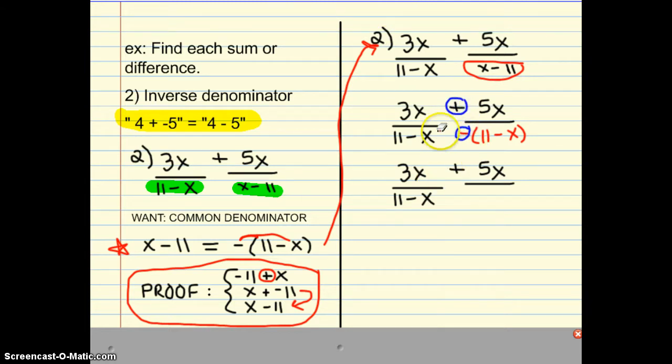So what I can do with that, instead of having plus negative, I can make this subtraction, and I will now have 11 minus x on the bottom. And once I have my common denominator, 3 minus 5x, negative 2x, and my denominator stays the same.